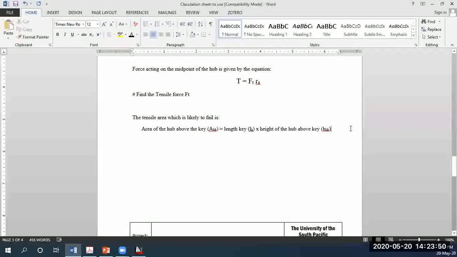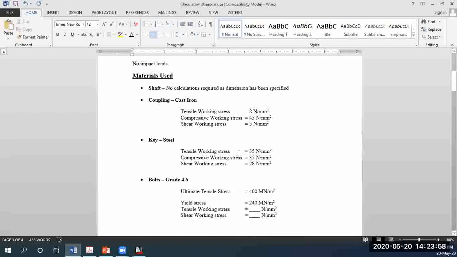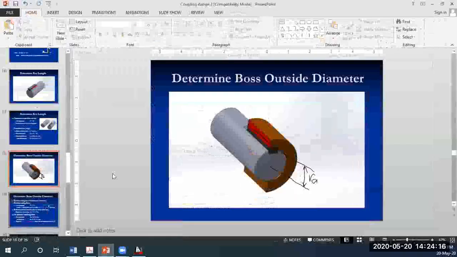Now that is known. So what did we say in the beginning for the hub, the coupling? This is made out of cast iron, right? The coupling includes the hub as well. So let's go back to here.